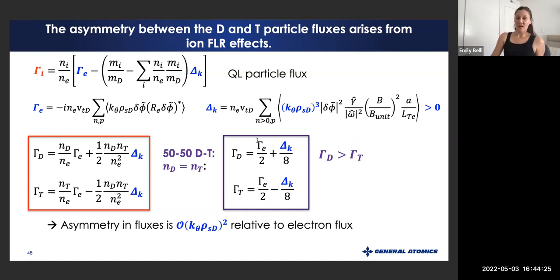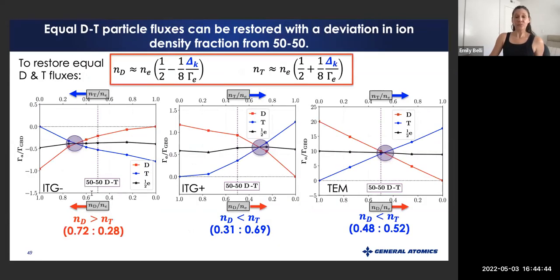Generalizing for arbitrary ion density fraction, we further find that equal D and T particle fluxes can be restored with a small, order K theta rho squared, deviation from 50-50 given by the delta K factor, and furthermore that the conditions will depend on the electron dynamics. And this in fact agrees with our gyrokinetic turbulence simulations.